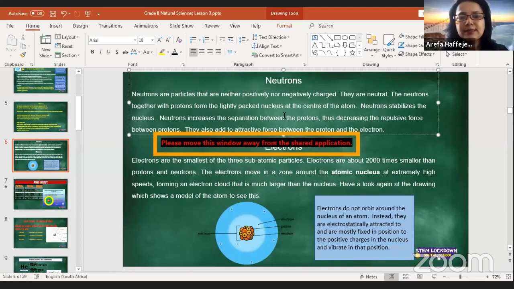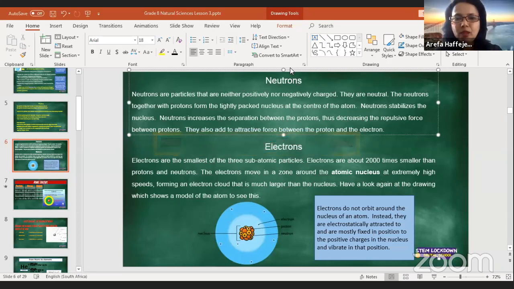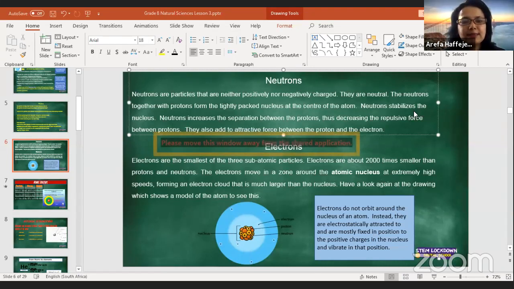Neutrons increase the separation between the protons, thus decreasing the repulsive forces between the protons. They also add to the attractive forces between the protons and the electrons. So a neutron stabilizes the nucleus.